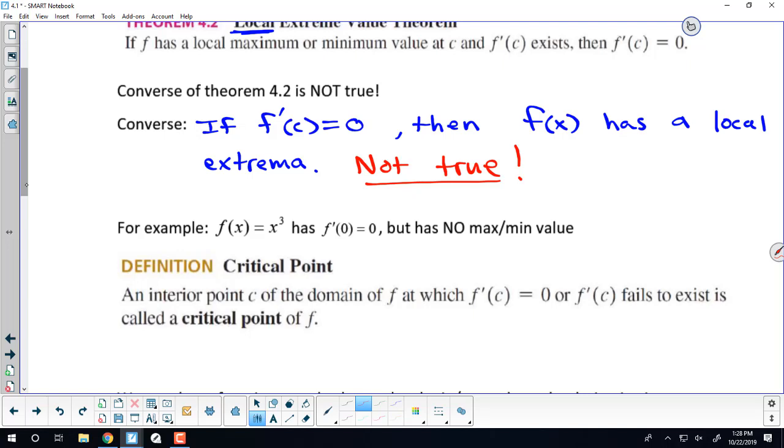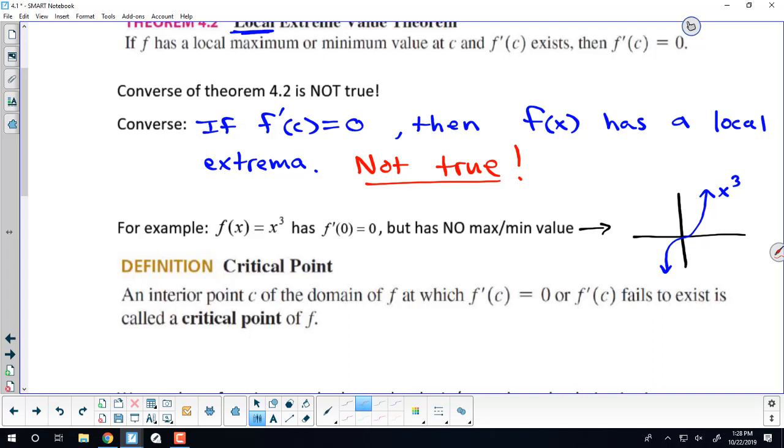So if you can just think quickly of the graph of x cubed. It looks something like that. The derivative of x cubed is 3x squared, and we know that 3x squared is 0 when x is 0.